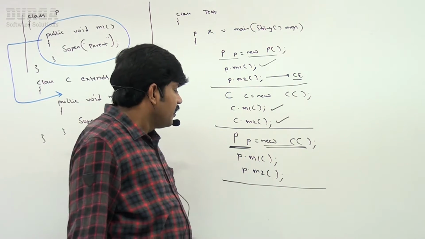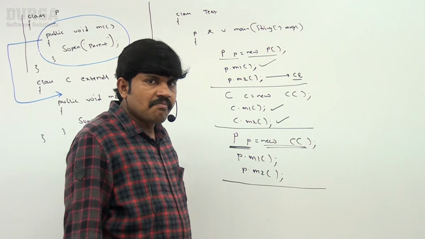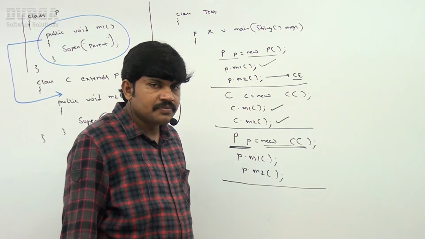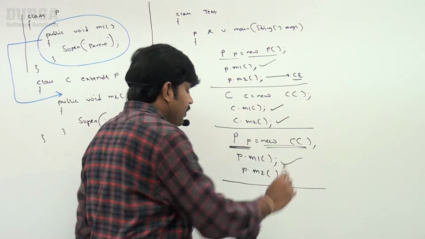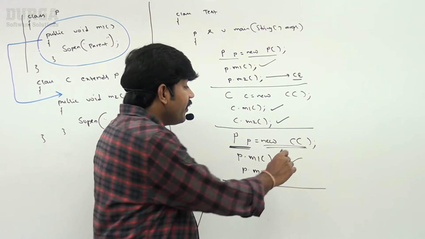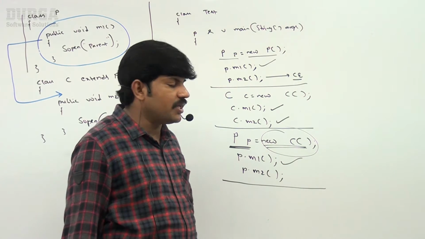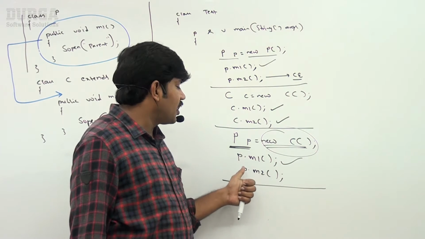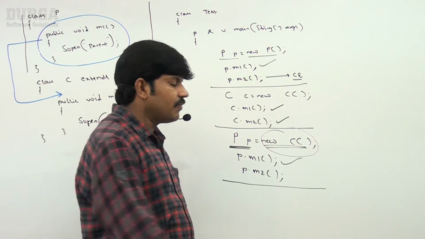Okay, well. Now p.m1(), p.m2(). What's the answer? Valid or not? Parent reference, parent class method, no problem at all. Parent reference, child specific method: even though the object is a child class object, the compiler never worries about the runtime object. Boss, you are calling m2 on p. P is what type? P type. For the P type, the m2 method is not available.